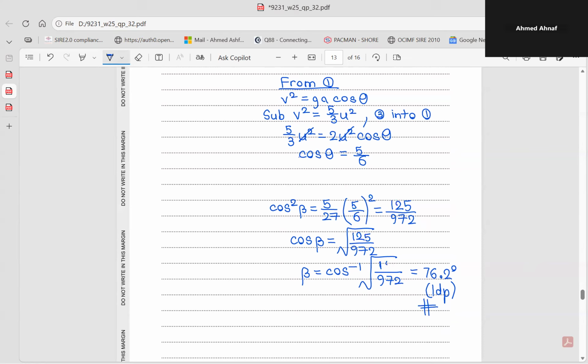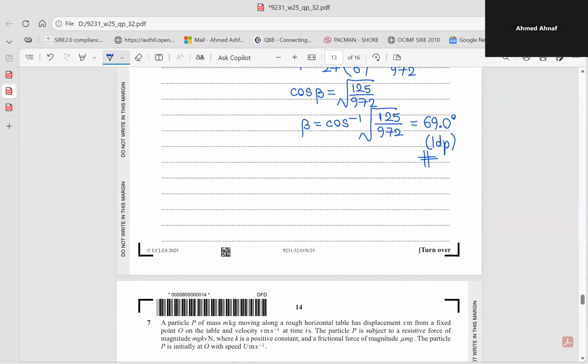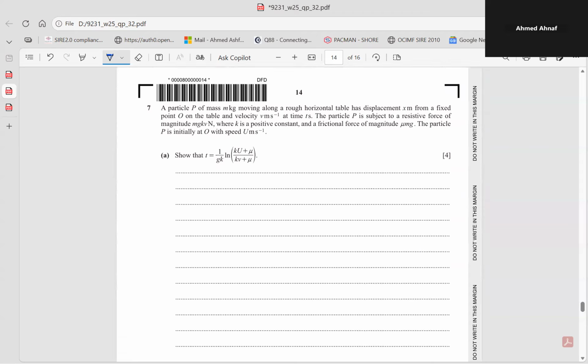So beta is cosine inverse 125/972, which gives us 69 degrees to one decimal place. So this is our final answer for this entire question. Let's move on to the final question.